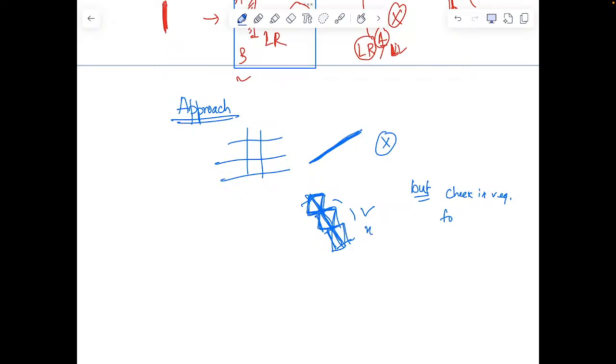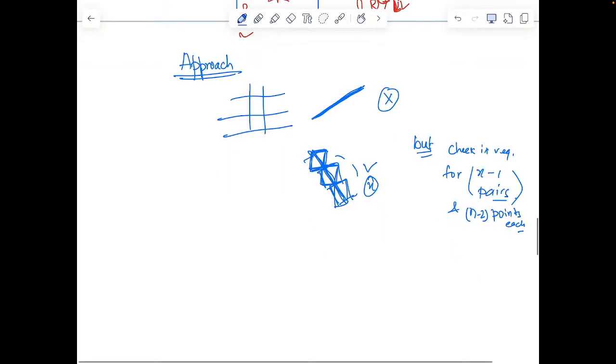Let's say there are x points, I mean x minus 1 pairs. We need that check, and n minus 2 points each, probably something like this. Okay, this is required. So this is the first case.